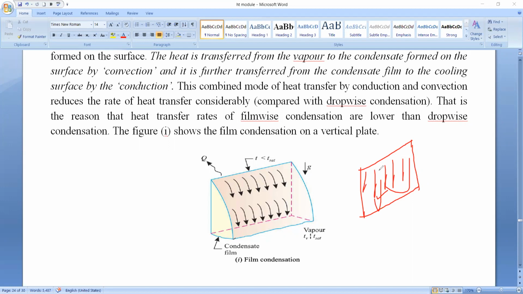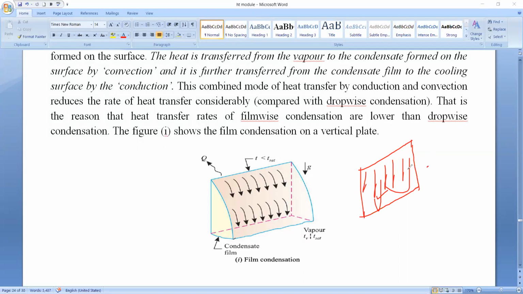After formation of the film, the vapor will not directly come into contact with the surface. In fact, it has to transfer its heat first to the film of condensate, and thereafter the heat transfer takes place to the surface.